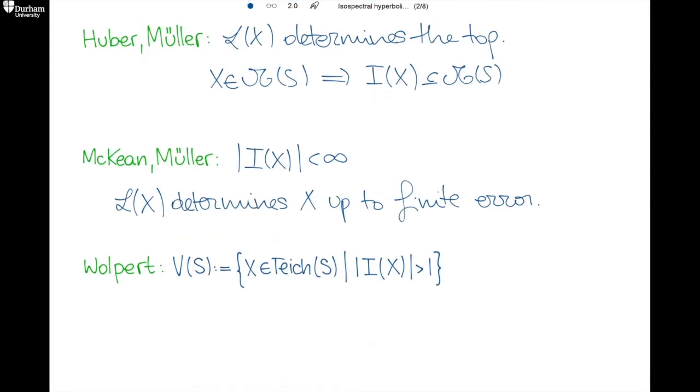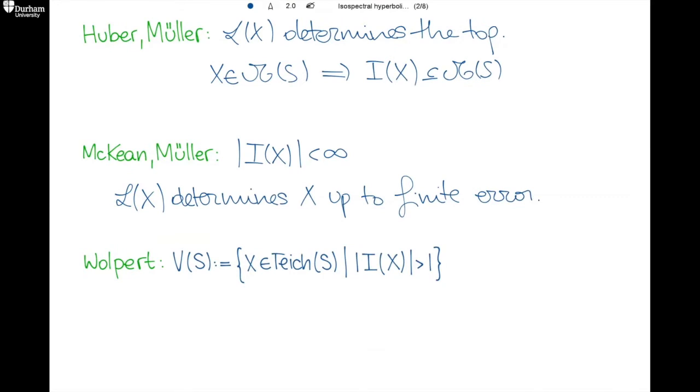So what Wolpert studied is the following. I fix a topological surface, and I look at all the surfaces of that topological type that are not determined by the length spectrum. So this essentially means that X is not determined by the length spectrum because there's some other surface that's not isometric to it, which is isospectral.